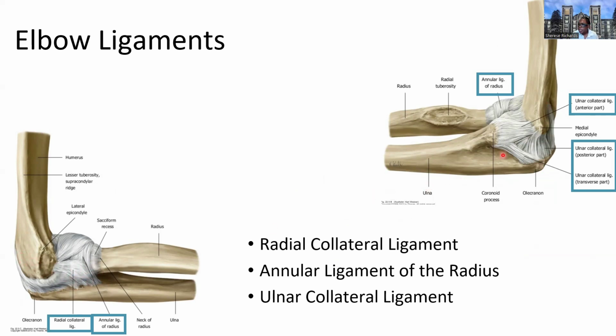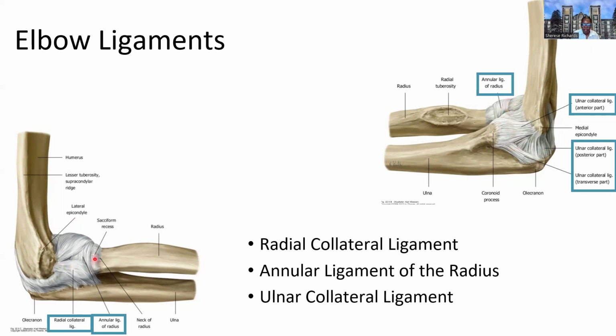On a medial view, we can appreciate the ulnar collateral from the humerus to the ulna. Okay, and that again helps to secure the trochlea of the humerus with the trochlear notch of the ulna. And then the head of the radius is secured by the annular ligament.